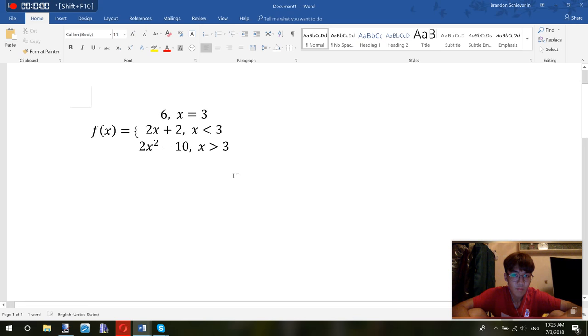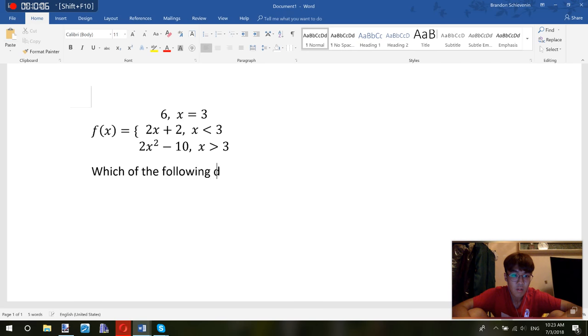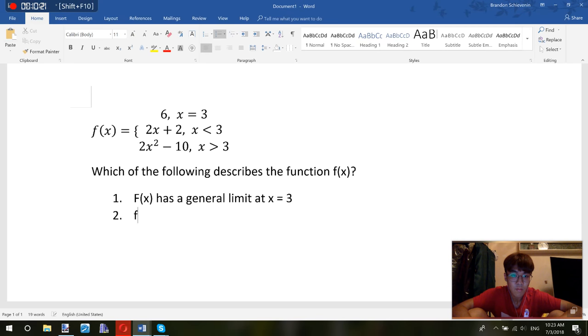So they'll ask you which of the following describes the function f of x, and then have a bunch of answers. So, general limit at x equals 3.